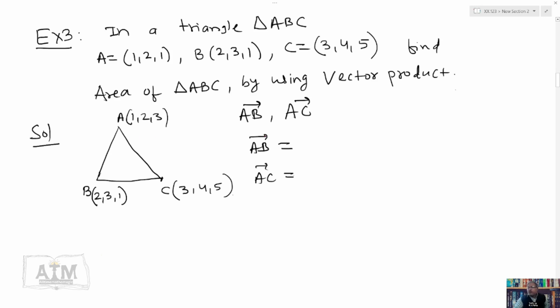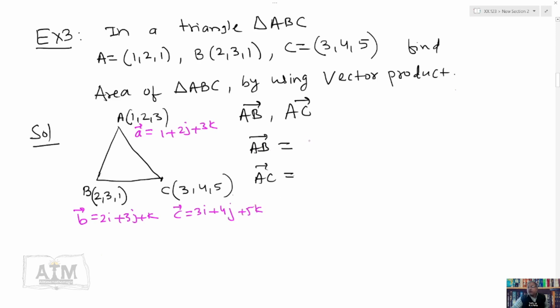To find vector AB and vector AC, we require the position vectors. Position vector of A is i+2j+3k, position vector of point B is 2i+3j+k, and position vector of C is 3i+4j+5k.